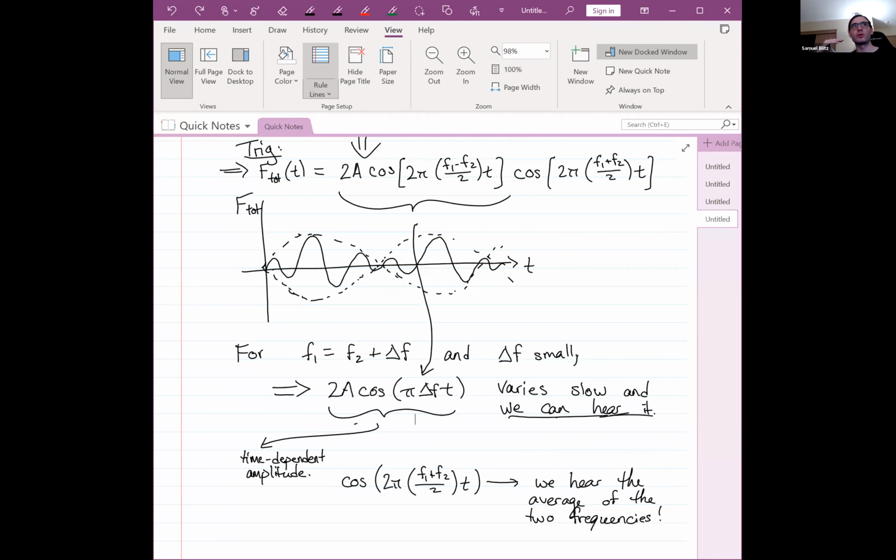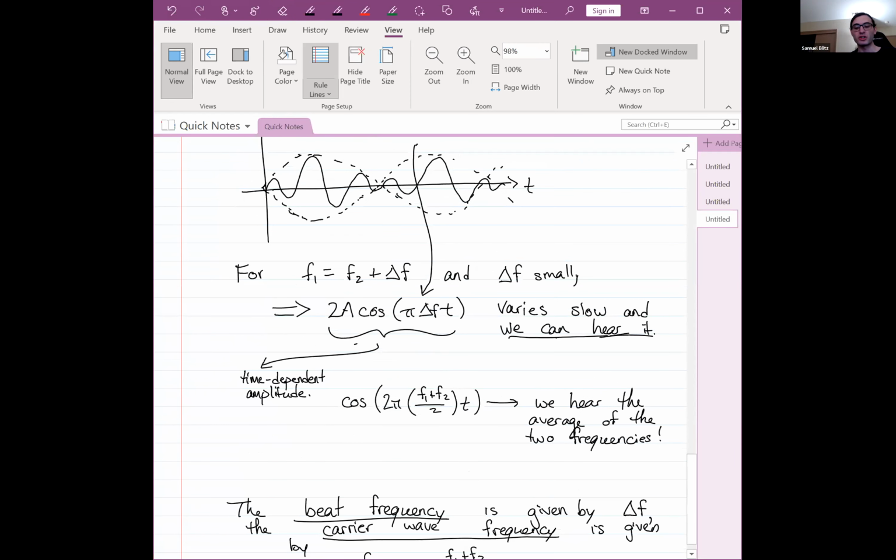So for every one full wavelength of our envelope, we hear 2 beats. Both the up and the down part of our envelope, we hear as 2 separate beats. We hear it as woo woo. That would be one oscillation. So that's why we don't need the 2 pi there in order to get the frequency. This just tells us that the frequency is just delta f.